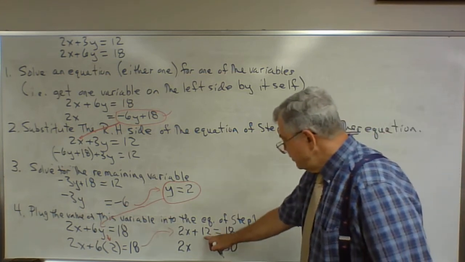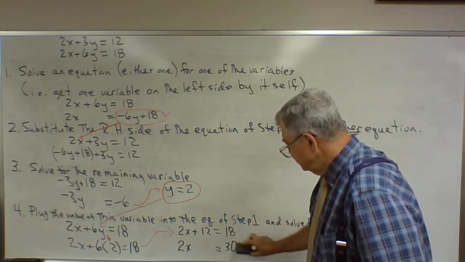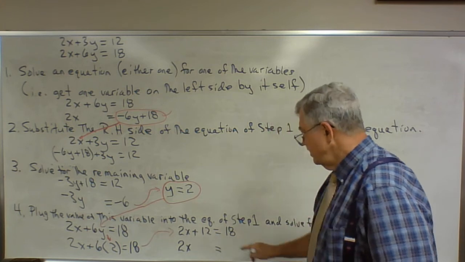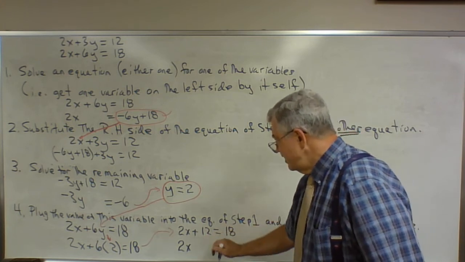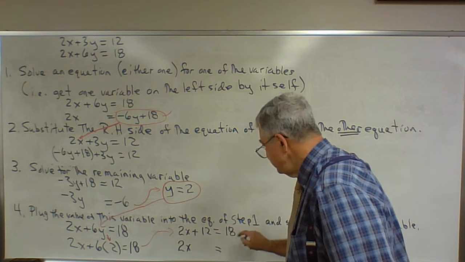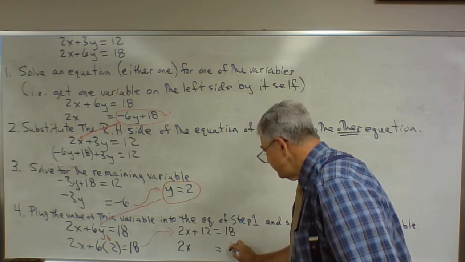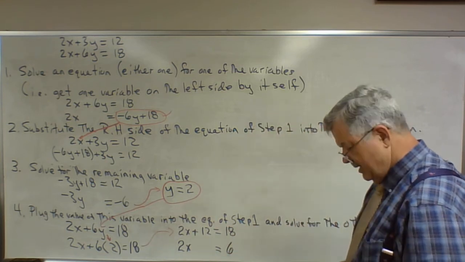And I'll move this 12 to the other side. 12 minus 12 is 0. 18 minus 12 is 6. This is looking much better.